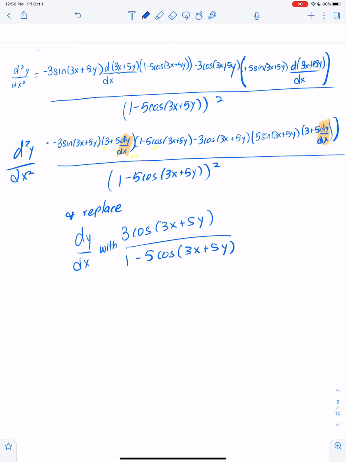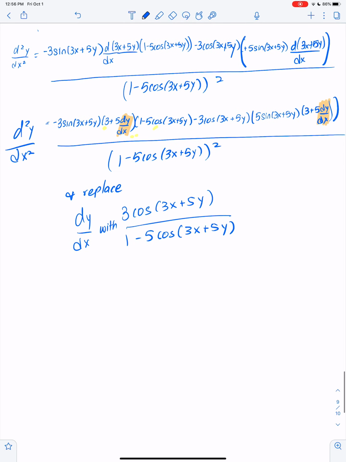I'm not going to write it in there and rewrite the answer. It will get much longer than the page. I mean, okay, I can actually do that. Let me just do that. Okay, so you have d squared y over dx squared equals, let's put the denominator like this.